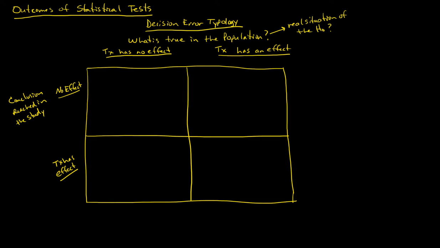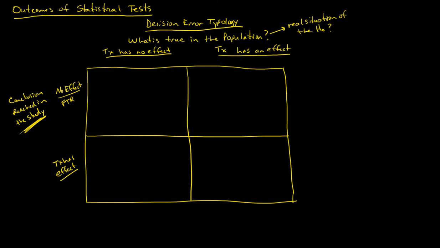So when the conclusion reached in your study, right here, is no effect, what are you saying when you have no effect? No effect means that you failed to reject. And if you fail to reject, we're saying you're not going to challenge the validity of that null hypothesis.